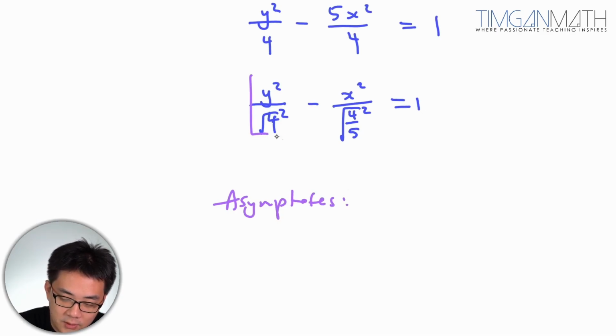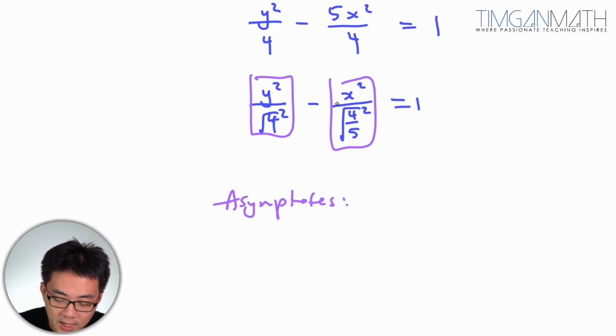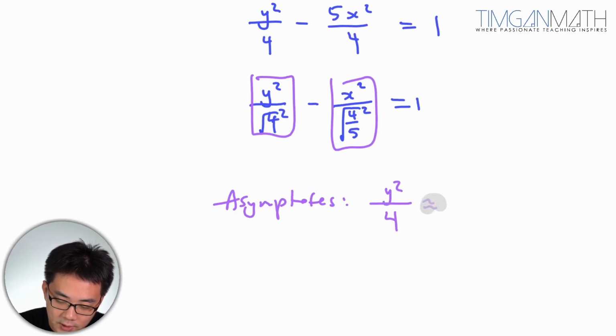Now what you need to know for the asymptote is that this will be equal to this. As x goes to infinity and y goes to infinity, they approach each other and will just be equal when this is 1. So this case here will be just square root of 4 over 5.